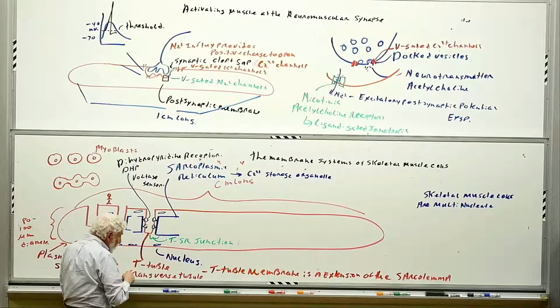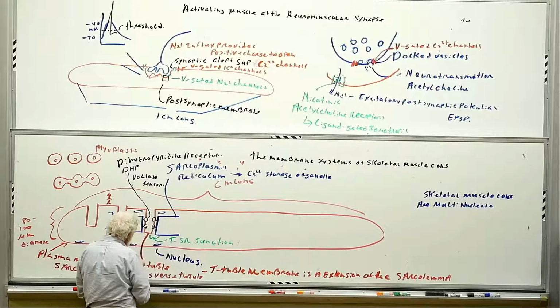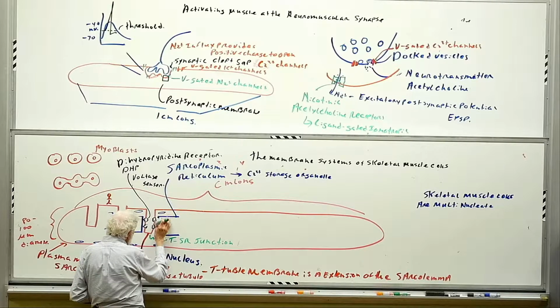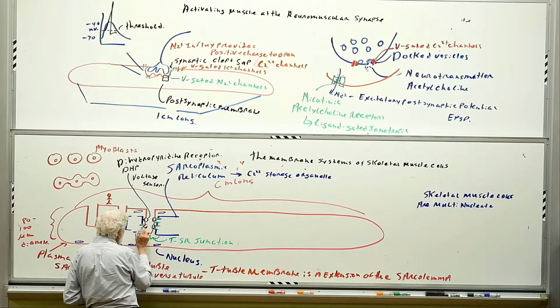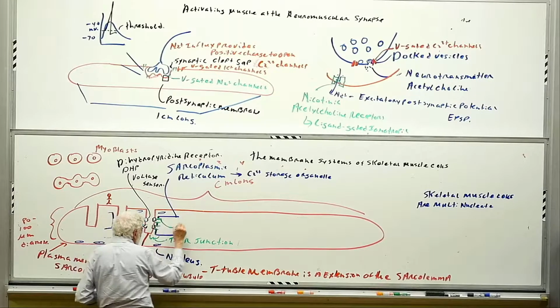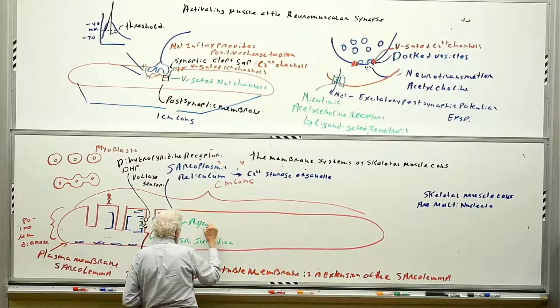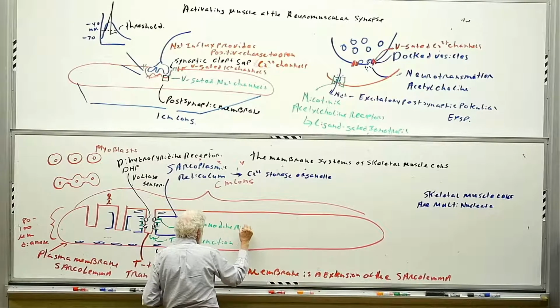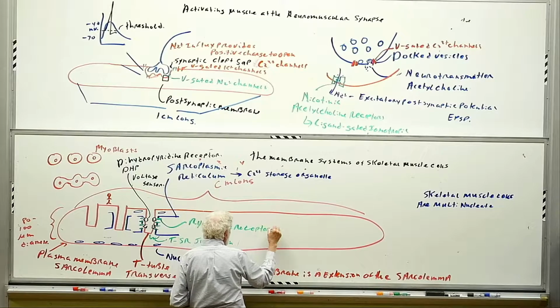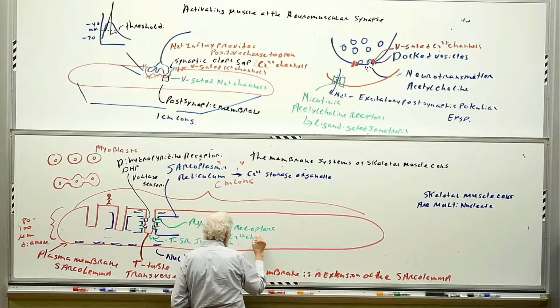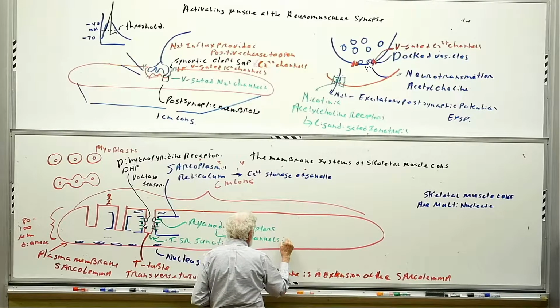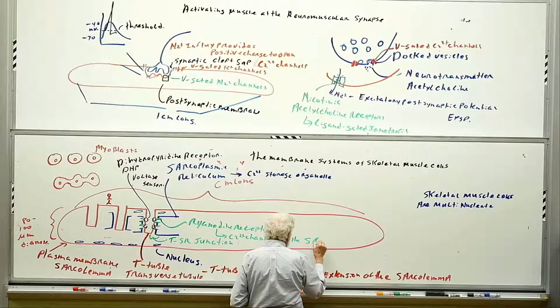And if we look closely here, and I'll draw this a little bit larger in a moment, the dihydropyridine receptors in the T tubule are perfectly lined up with these green channels here called ryanodine receptors. Turns out the ryanodine receptors are proper calcium channels in the sarcoplasmic reticulum.